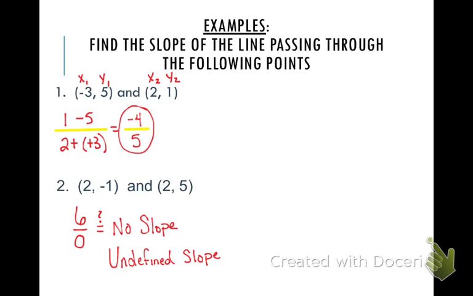So it has no slope. How come? Think about where your point's at. If we would actually have a coordinate, and it looks something like this, and we were at 2, -1, and then 2, 5.